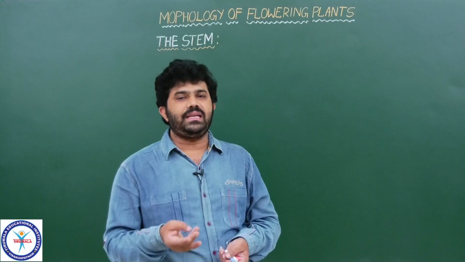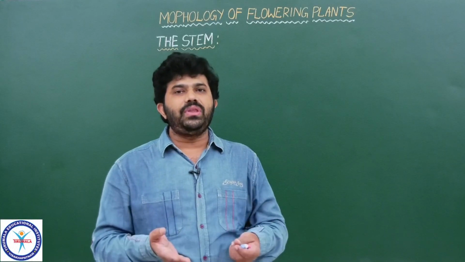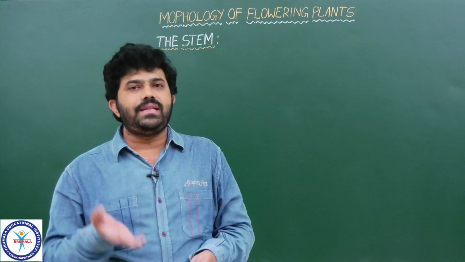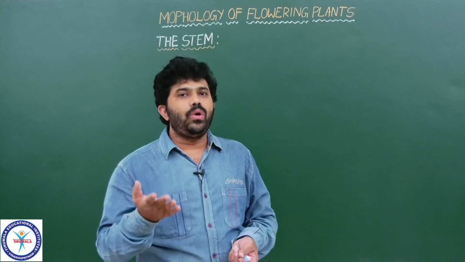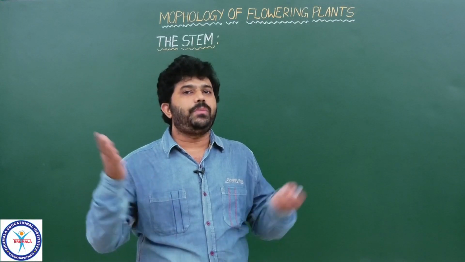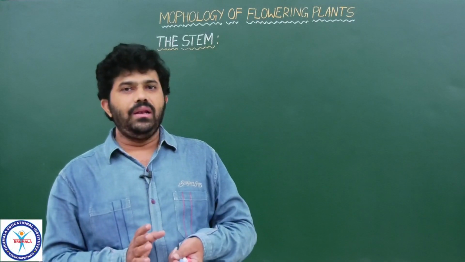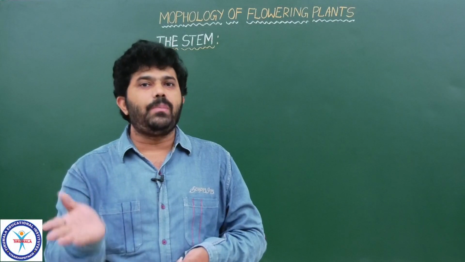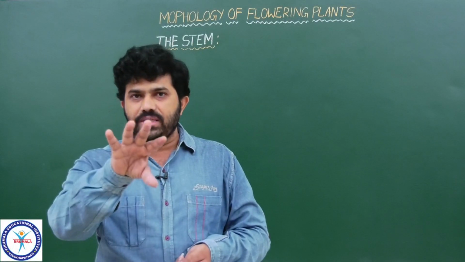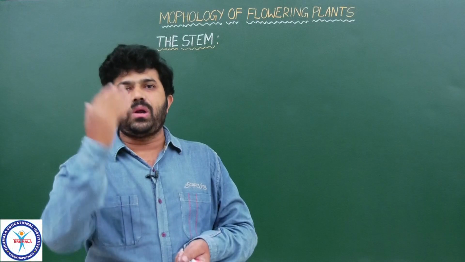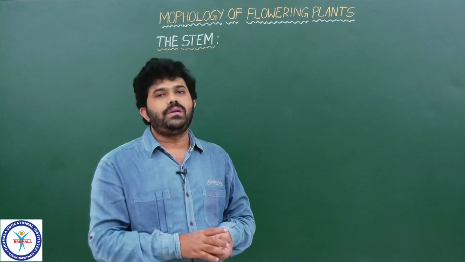Stem, branches, leaves, flowers, fruits, everything, in most cases in plants, generally grow on the stem, and that stem bears all these different organs above the soil or above the ground. That's why whatever parts grow above the ground are called aerial parts.